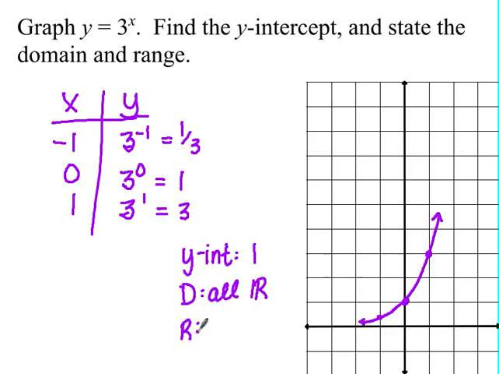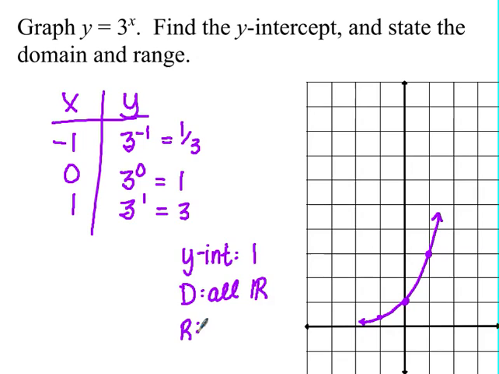The range, on the other hand, what was the range? Do you remember what the range was? Remember the domain was the set of left to right, the x's. What's the range? The y's. The range, remember, was up and down. And so if I look at this, where did I say was going to be the lowest value?